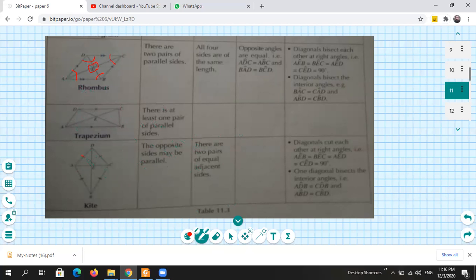Like AD is equal to AC, whereas AB is equal to BC. Adjacent sides are equal in length. And like the square and rhombus, the angles formed by the intersection of the two diagonals are always 90 degrees.